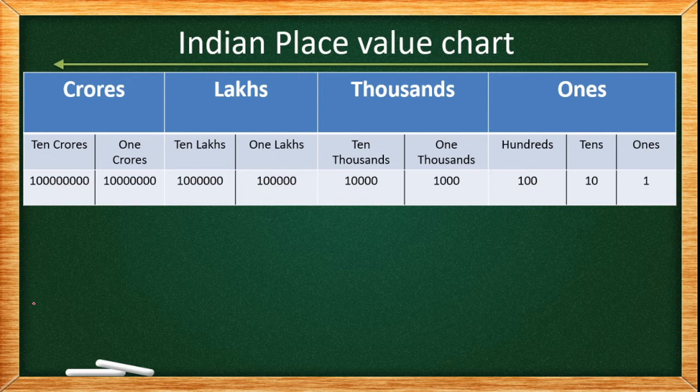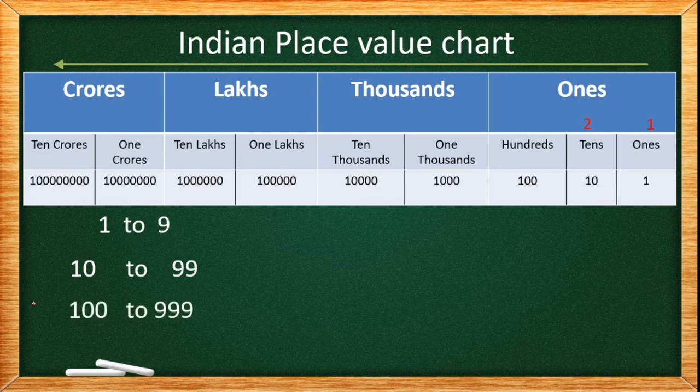So, one digit numbers, that is 1 to 9, will have only ones place, and two digit numbers, that is 10 to 99, will have two places, that is ones place and tens place.